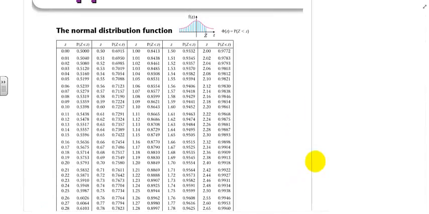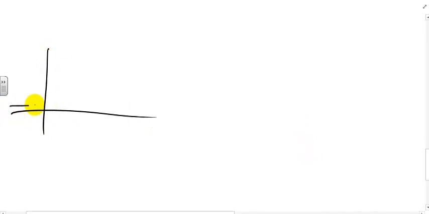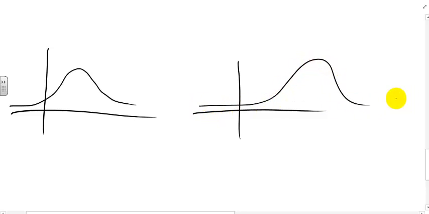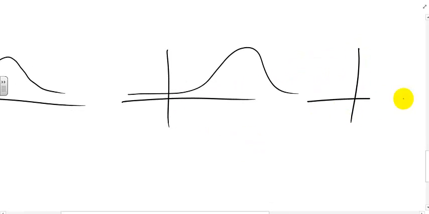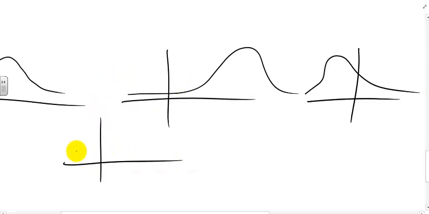Unfortunately though, the table doesn't cover all possible cases. What I mean by that is, there could be a normal distribution that looks like this, there could be a normal distribution that looks like this, there could be a normal distribution which looks like this, or there could be a normal distribution which looks like this, really shallow.